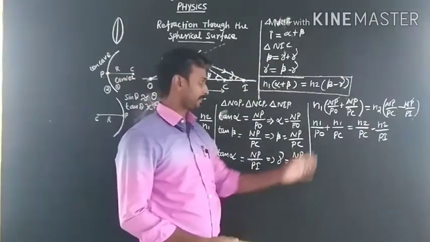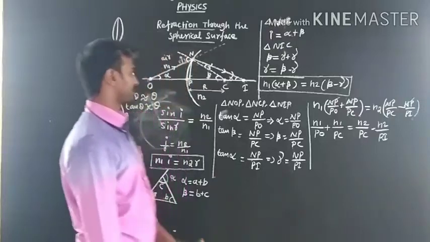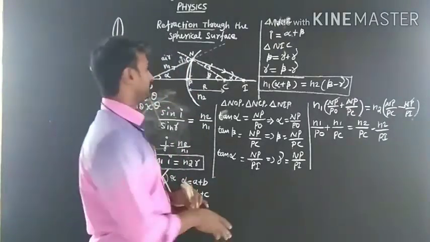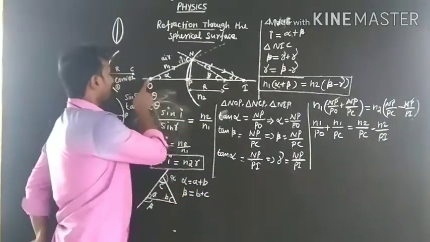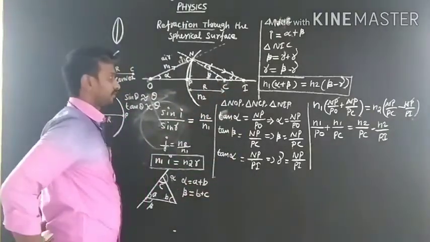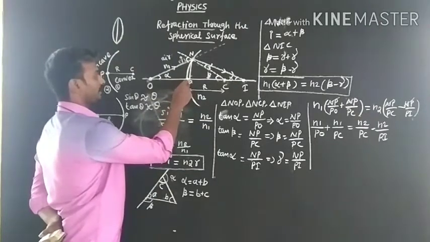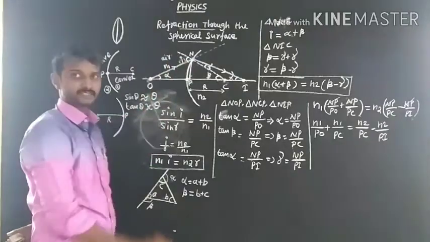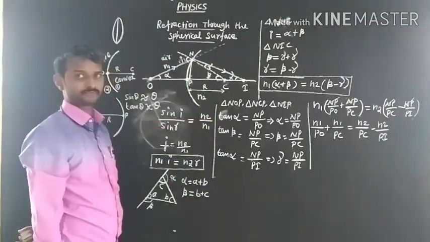Now the unknown values are PI, PO and PC. These are the distances measured from the diagram by using the sign conventions. Here O is the position of the object, I is the position of the image. If you measure any distance from the pole of the mirror or the pole of the spherical surface to the left, it is taken as negative, and to the right it is taken as positive.